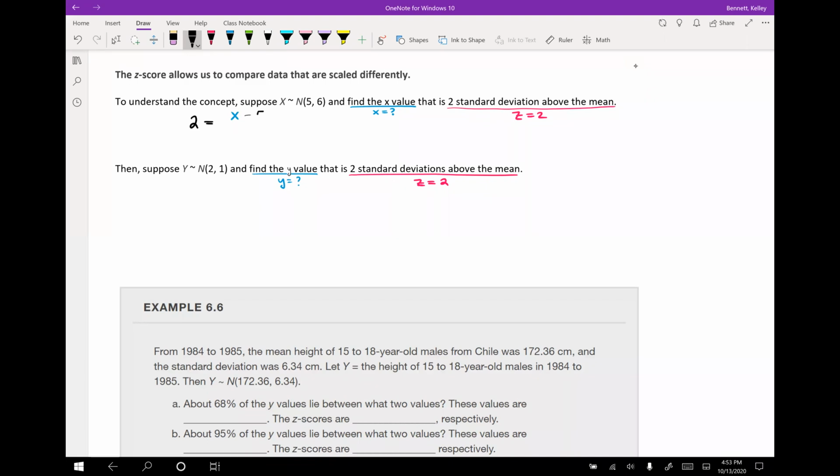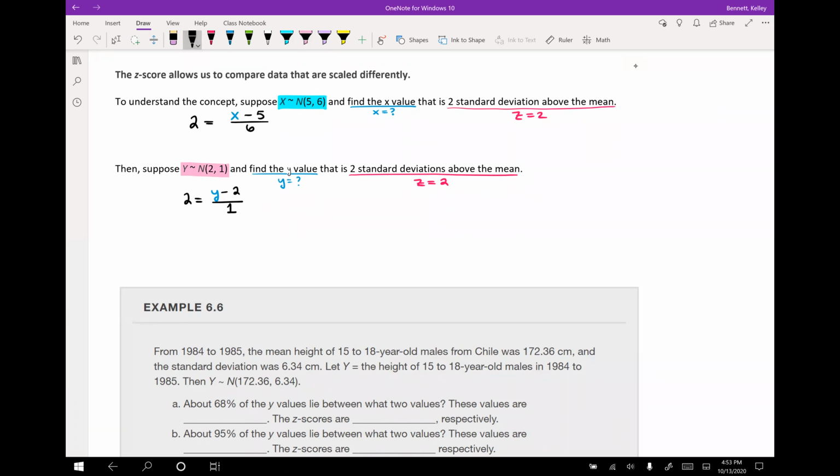Mu is 5, and sigma is 6. Similarly below, I'm going to have 2 equals, I don't know what y is, but I do know that mu is 2 and sigma is 1, right? And so I'm getting those values from here and from here, right? My mu and my sigma.